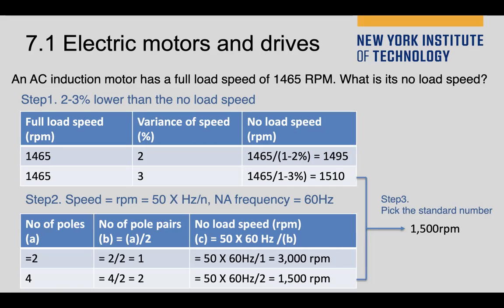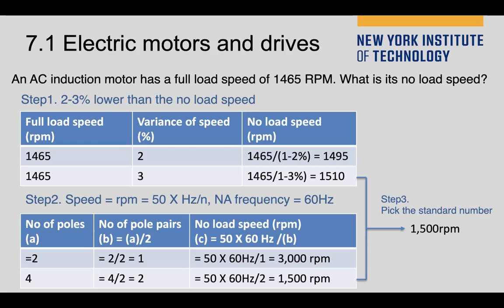Because the question just states the full load speed and nothing else. You don't have any information like the power of the motor, the torque, or the current and voltage. Just the full load speed, and you need to find out the no load speed. But I'm sure there is a relationship.